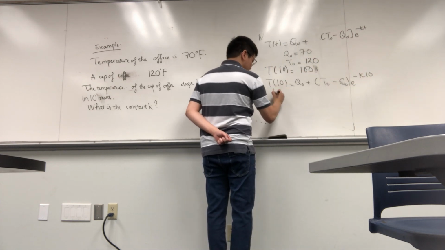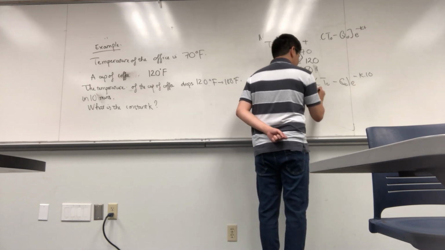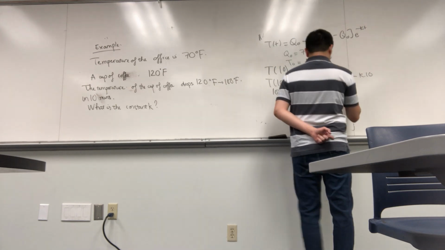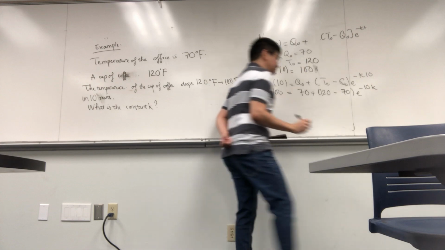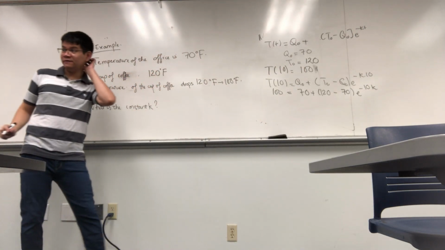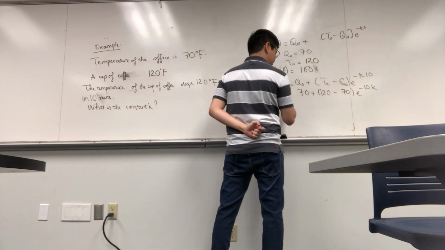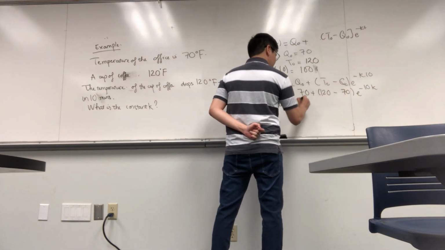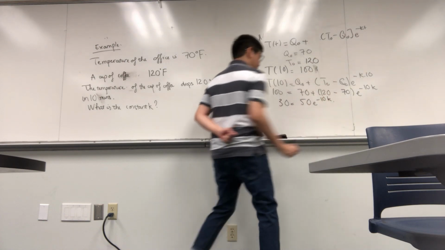So I put all of the constants inside. So 100 will be 70 plus 120 minus 70 times e to the power minus 10k. All right? So here I have 100 minus 70 is 30, and this is 50 e to the power minus 10k.